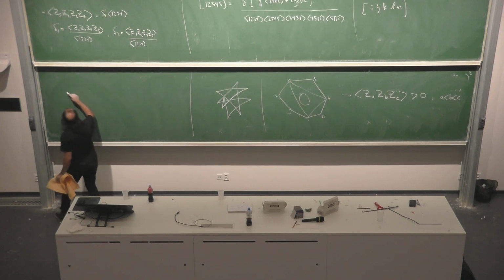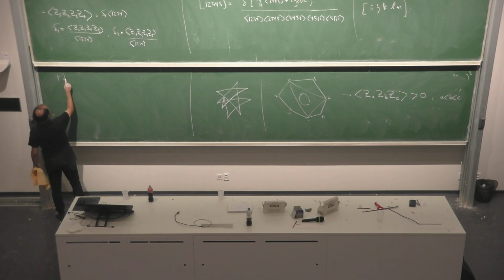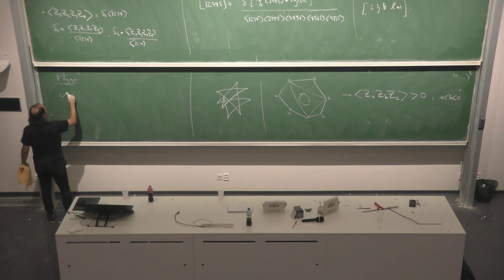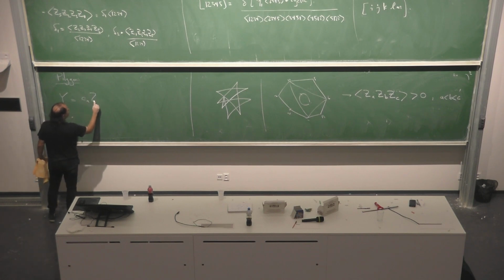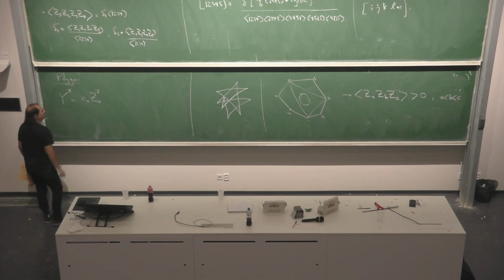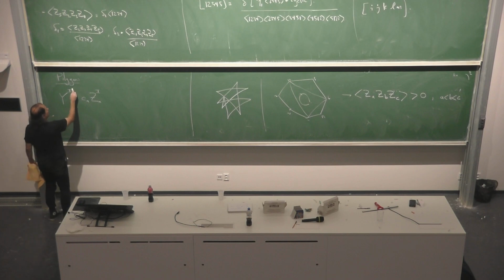So a convex polygon is all the points that look like y is equal to the sum over A of C_A Z_A, so A runs from 1 to 3, where the C's are positive.